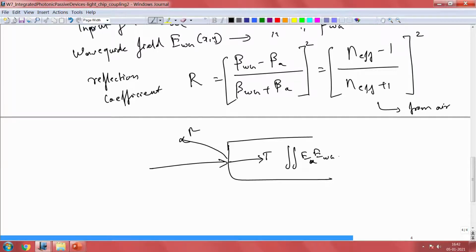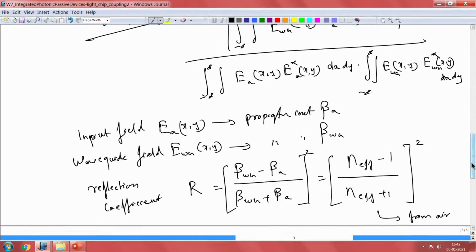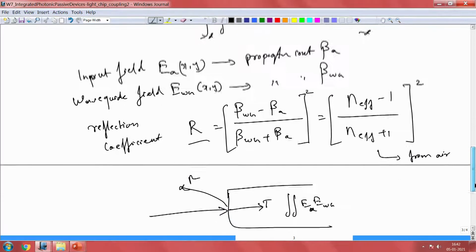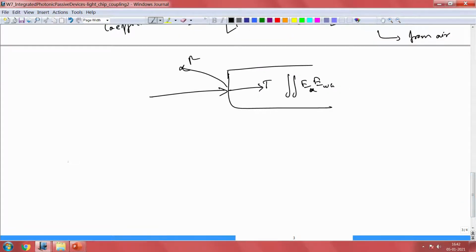So between the two fields we should know what is the overlap integral. So we already know these two elements, we just have to put it together. So if this R is the reflection coefficient, then we know what is the transmission, right, and that is 1 minus R. So now we can put both this together to find the coupling efficiency.